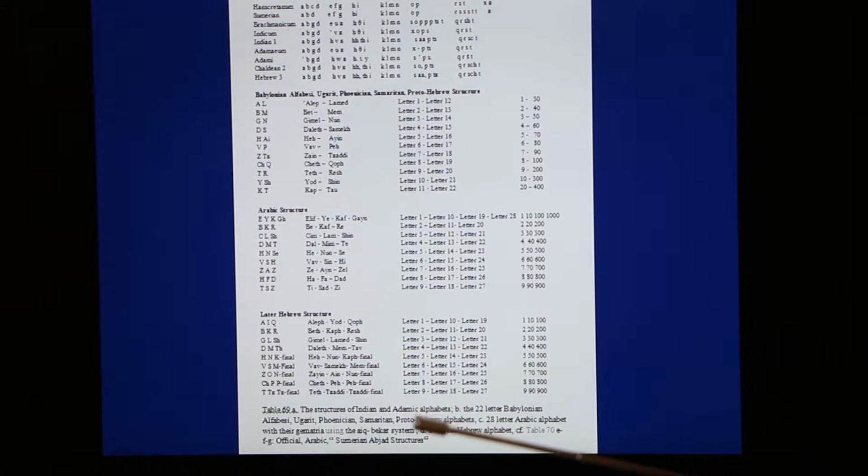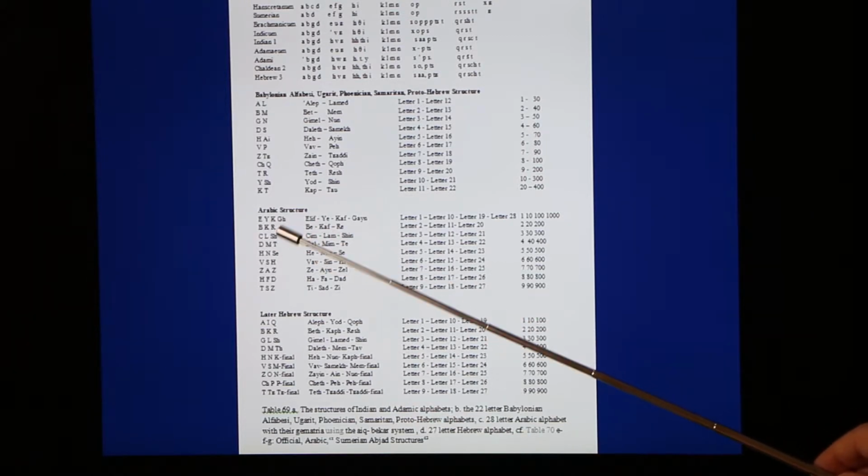Now, the Arabic structure is essentially the same, or it's similar with a slight twist. So instead of going 1, 12, which ends up being 1, 12, 17 to give you Alf, yes, it goes 1, 10, 19. And that gives me then the letters EYK.